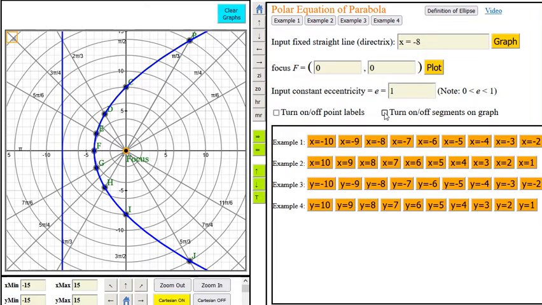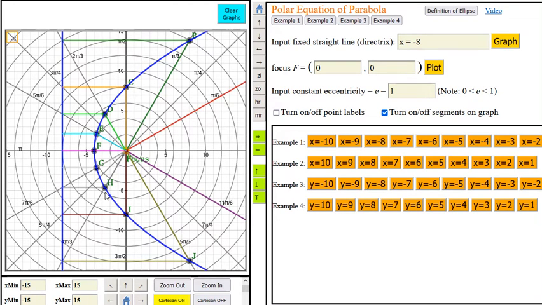To generate the points on the parabola, the distance from the point to the directrix has to be the same as the distance to the focus. So we pick this point right here, then the distance from the point to the focus must be the same as the distance from the point to the directrix. Same thing here.